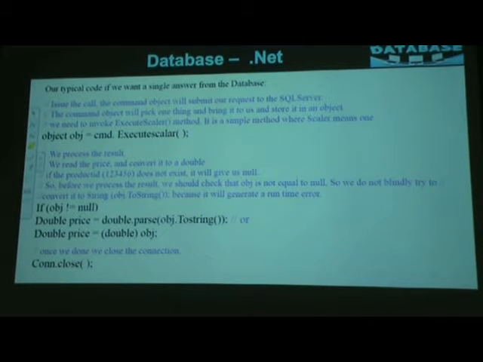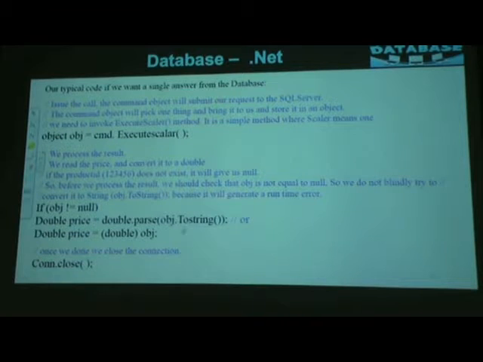So before we process our data, the result, we should check that obj is not equal to null. So we don't blindly try to convert it to string, because it will generate a runtime error. So first we have to check that this obj does not equal null, and then we will process the result.